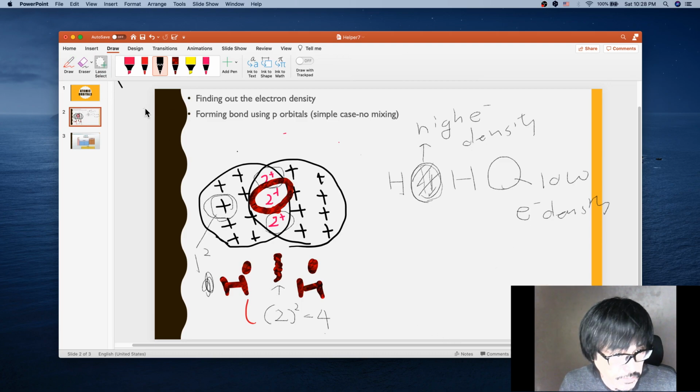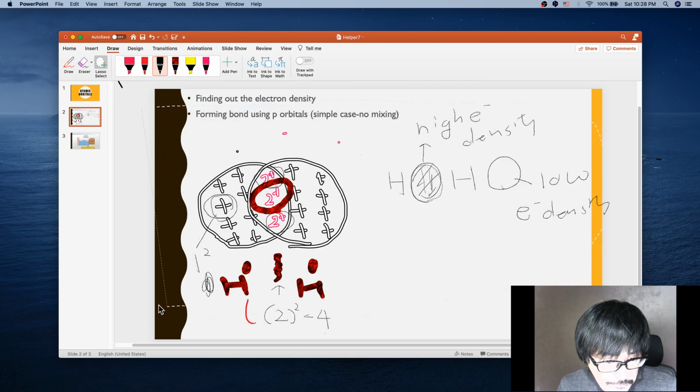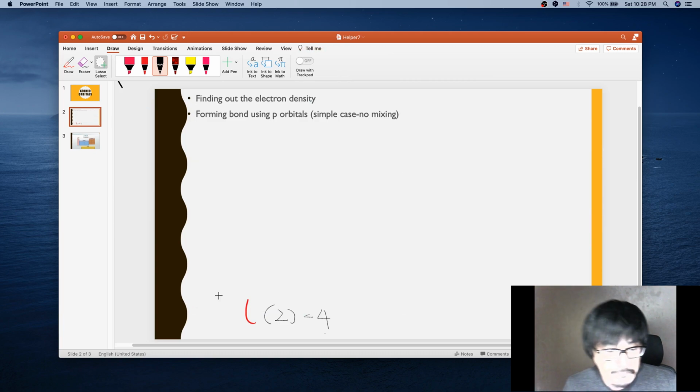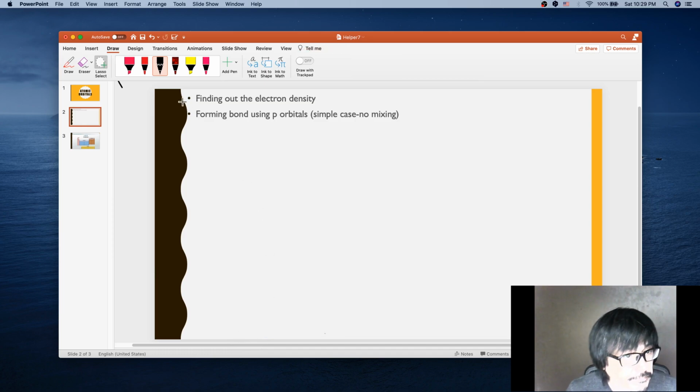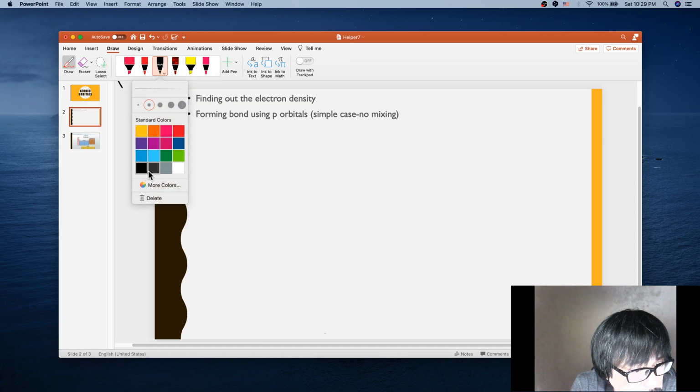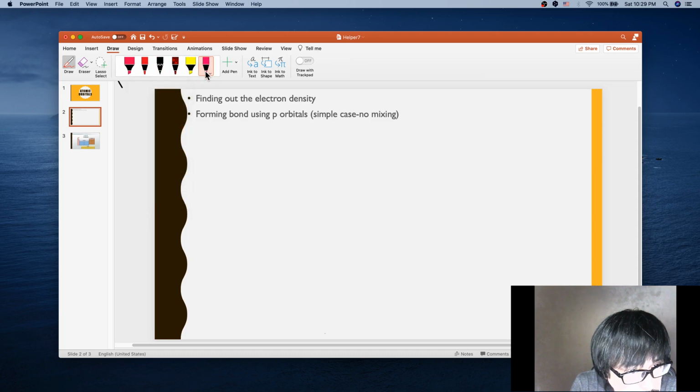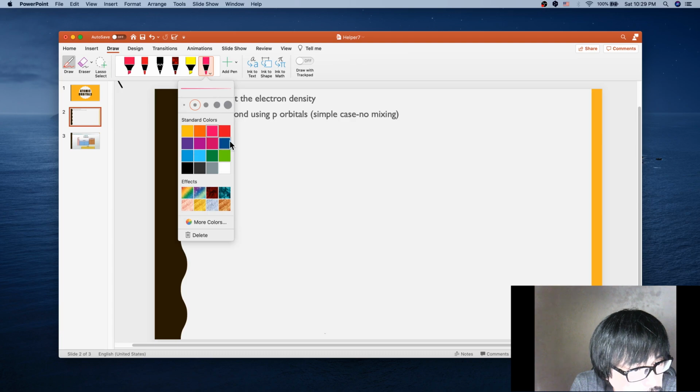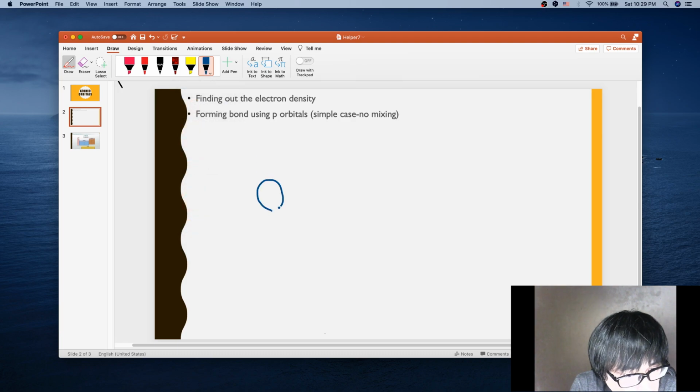Alright, let's do the next problem. Then I have p orbitals. Actually, I should probably use blue and red for this one.